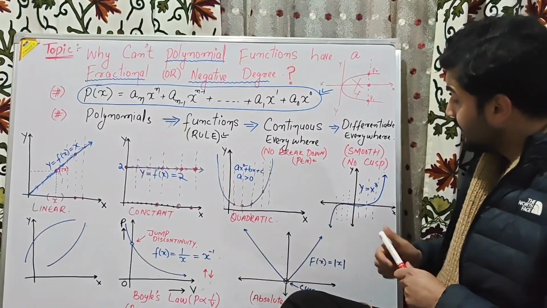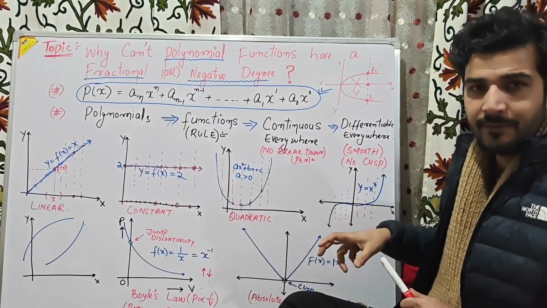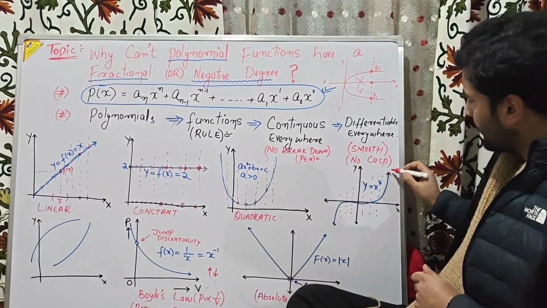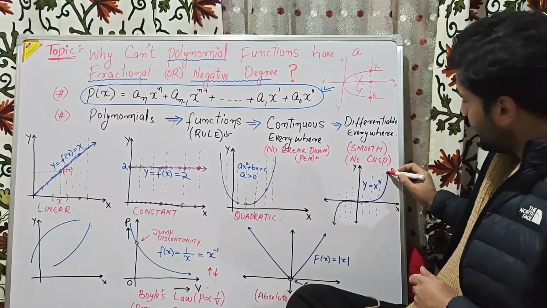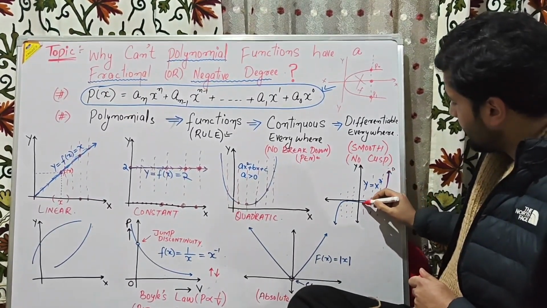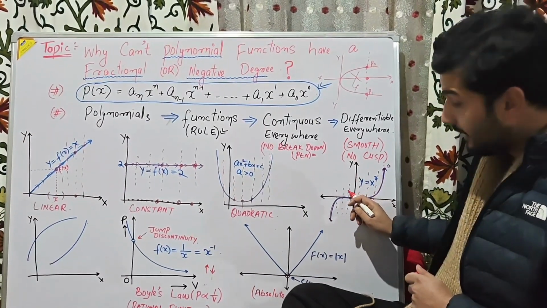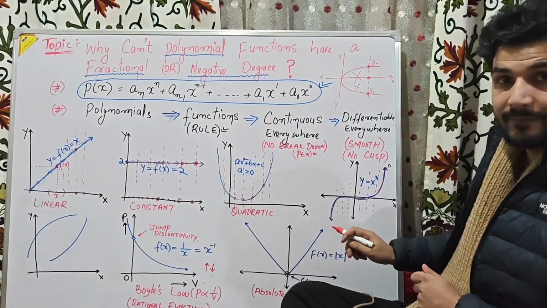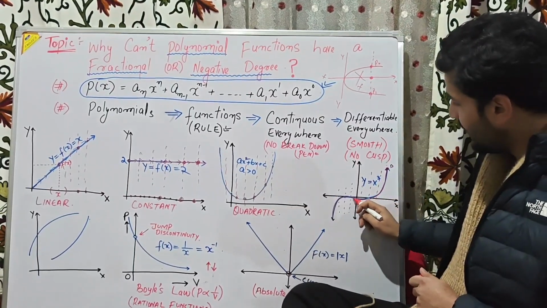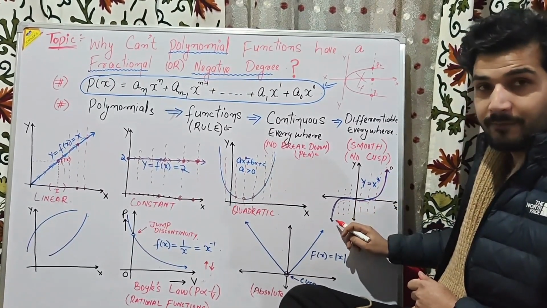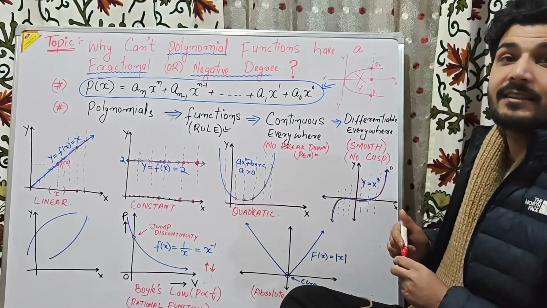Not only that, this cubic function is also continuous. How is this continuous? We will start from this point graphically, and we can draw the graph of this function without lifting the pen off the paper. Without lifting the pen off the board. Right? So it means that it is continuous.